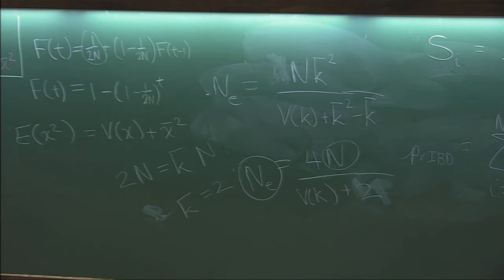The variance rears its head all the time in evolutionary biology, so it's important to really know what it is formally, and then you can recognize it when it starts popping up.